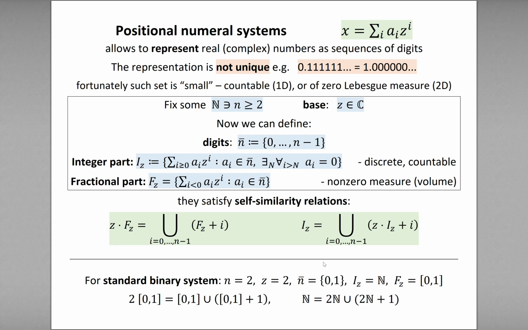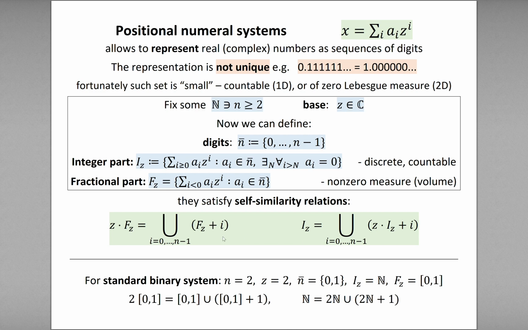For the integer part, we now have a discrete lattice. We can get any natural number in the binary system, which can be split into even and odd numbers. One is just multiplied by 2, and the second is the same, but also shifted by 1 by the first digit.